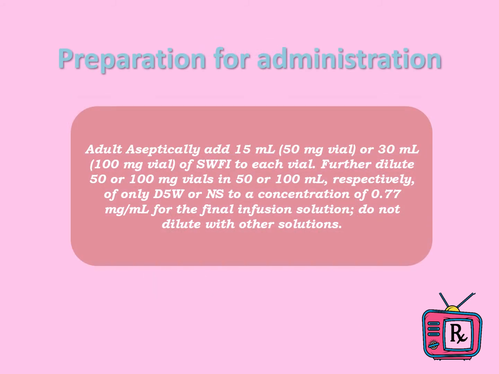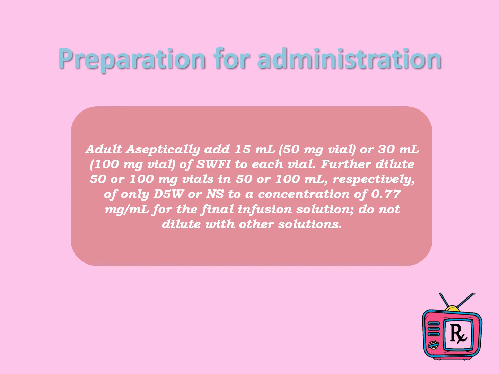Now the most important, according to the preparation of administration, we need to aseptically add 15 milliliter if using the 50 milligram vial, which is not available here, or 30 milliliter if using the 100 milligram vial, which is available, of sterile water for injection to each vial.